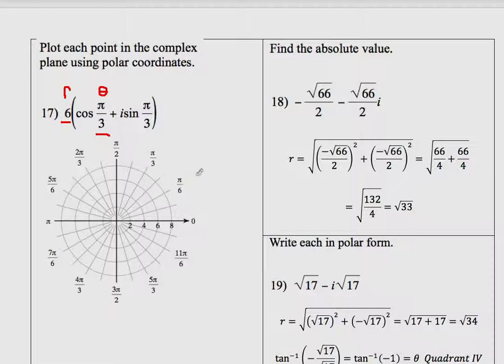You find theta, which is pi over 3 right here, and our radius is 6. And normally you'd say, okay, 1, 2, 3, 4, 5, 6. We're way over here. But if you look on your polar axis, notice it tells you that each of these circles counts as 2. So pi over 3 would be 1, 2, 3. Our dot would be right there. Okay.